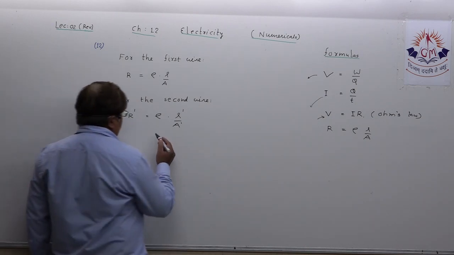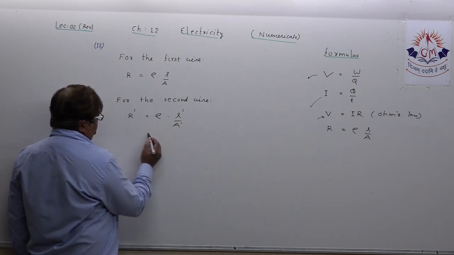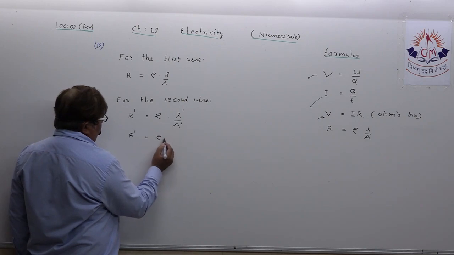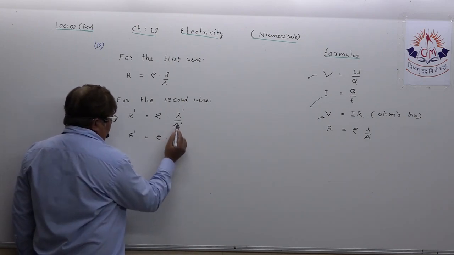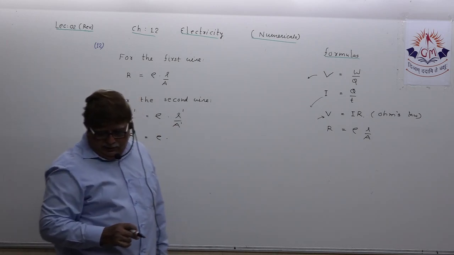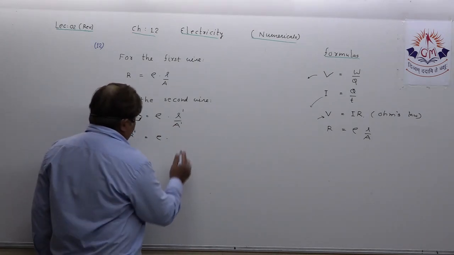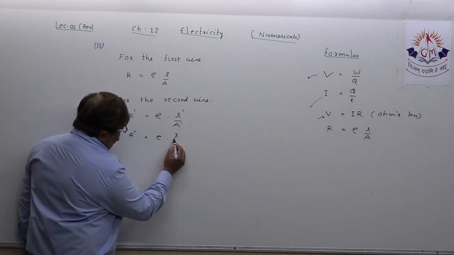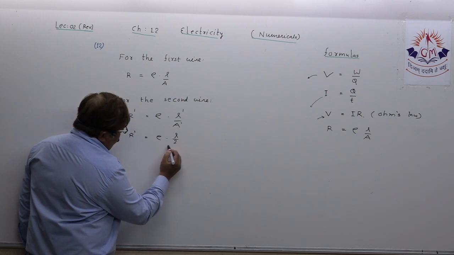Now, dear student, next step. R dash equal to rho into, instead of L dash, what is the length of the second wire given? I have to write this way, L upon 2.